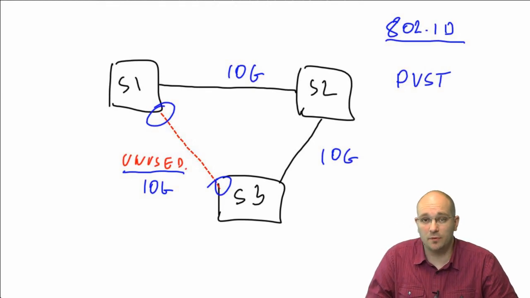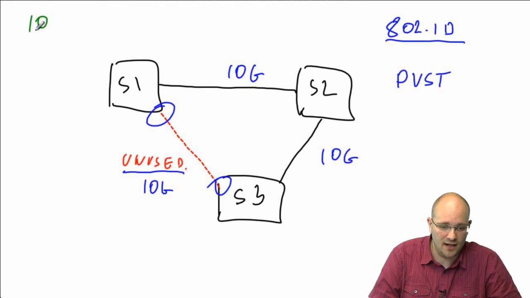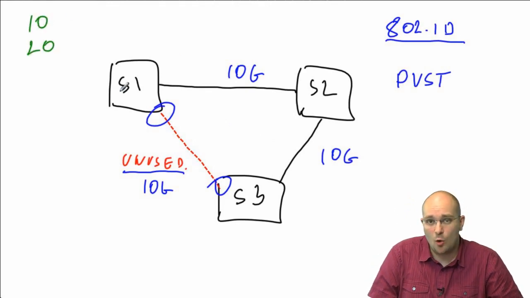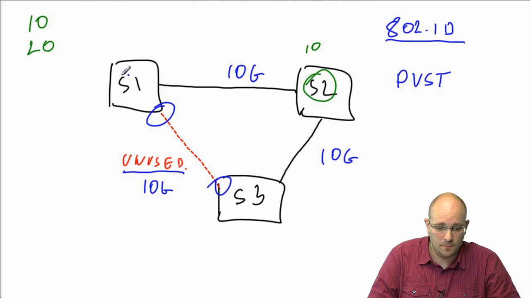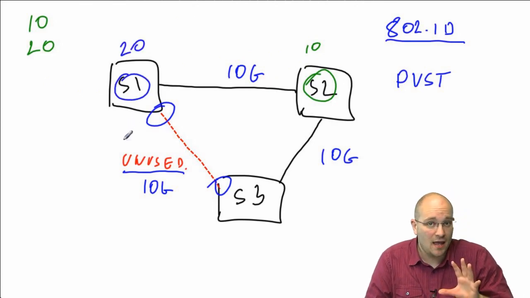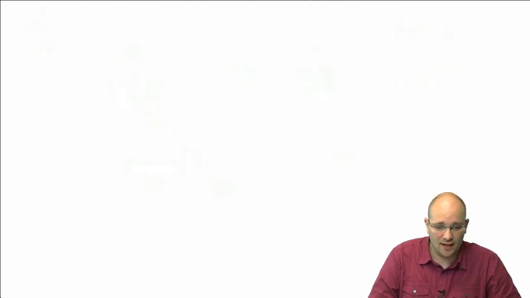If we used multiple VLANs in our network here, let's say that we had two VLANs, VLAN 10 and VLAN 20. What we could do is, for let's say VLAN 10, we could have switch 2 be the root, and for VLAN 20, we could have switch 1 be the root. In that case, what we are going to be having, let's take a look at that example.